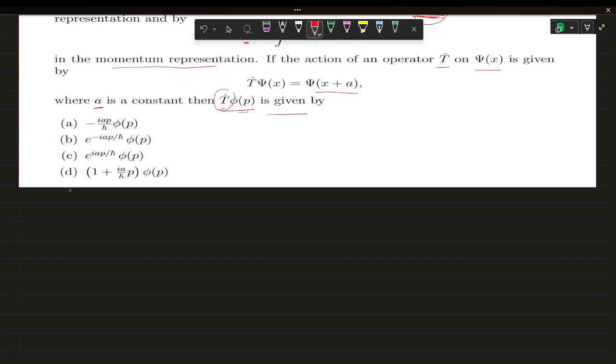So let's see. What we have given is ψ(x), the real space wave function, and φ(p), the momentum wave function.